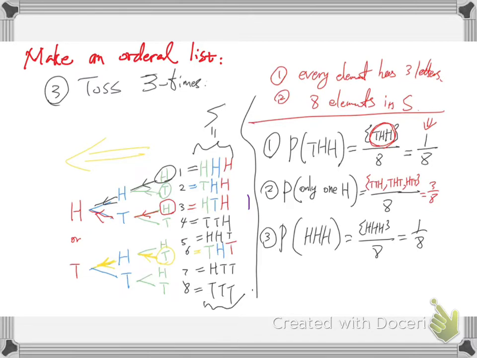After you make this tree, this is the order of the elements for this set S for all possible cases. And then you have some conditions. Follow the condition and see how many elements in S satisfy the condition, that's the numerator. The total number of possible cases is 8, so 8 is your denominator.